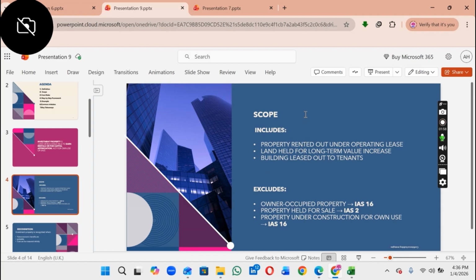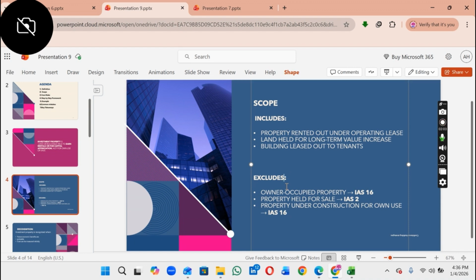Now we have the scope of IAS 40, what it includes and what it excludes. Property rented out under operating lease will be treated in IAS 40. Land held for long-term value increase will be treated under IAS 40, and buildings leased out to tenants, as we earlier discussed, with rentals earned from them, will be treated under IAS 40.